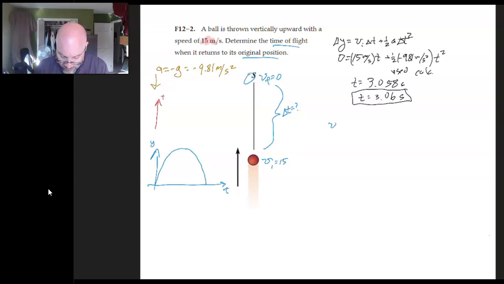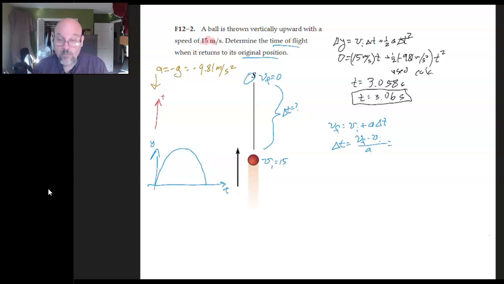So v final equals v initial plus a delta t. We're going to solve for delta t. So our delta t becomes v final minus v initial over a.